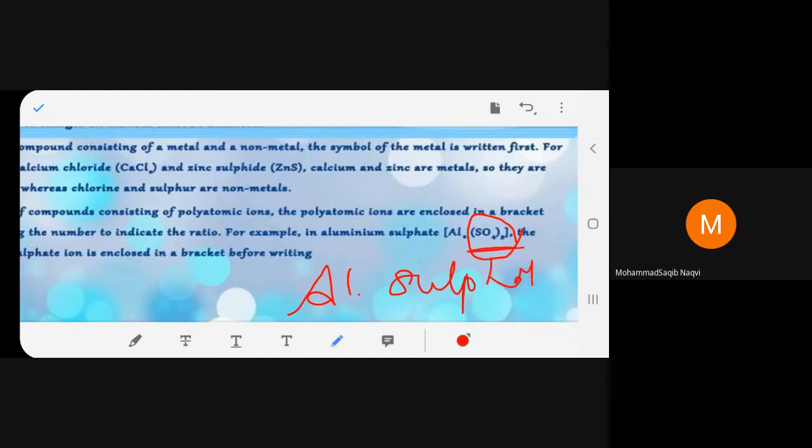SO4 is totally separate and Al2 is separate. So this is showing the ratio. It is showing the ratio is 2 is to 3, isn't it? Aluminum is 2 and sulfate is 3. So what is the ratio? 2 is to 3. So that bracket shows the ratio. Is it clear to all of you? Yes, ma'am. Clear.